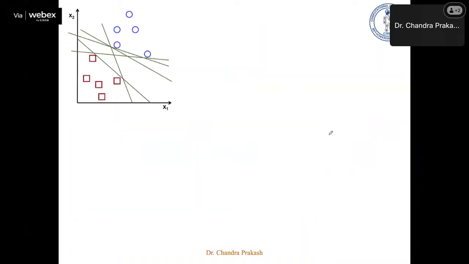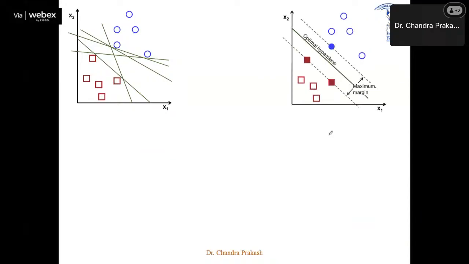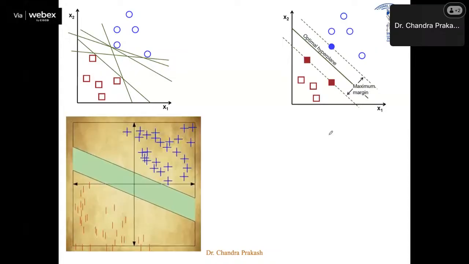So we can come up with different lines, as you can see over here, different line equations are there, and we need to come up with the maximum margin, right? From all the possible. So as you can see over here as well, we try to come up with the optimal margin case, right? The optimal hyperplane that divides the data points very well.